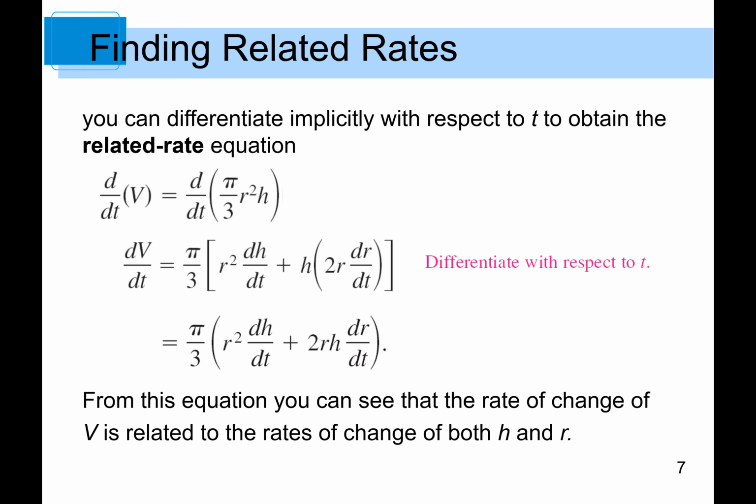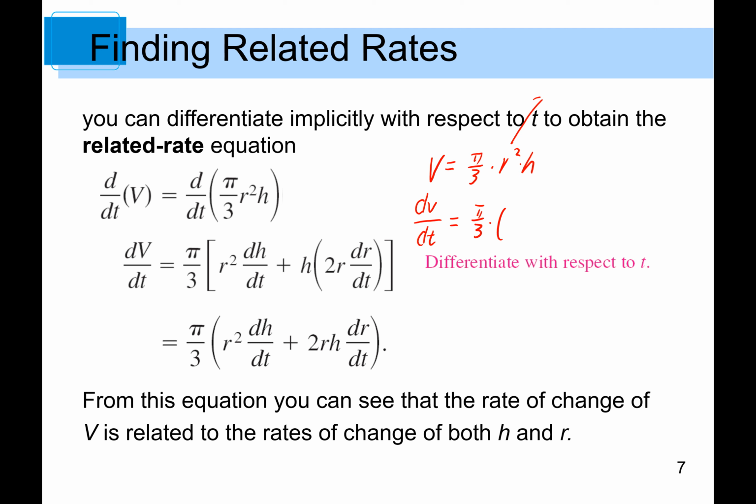And you can differentiate implicitly with respect to t to obtain the related rate equations. So basically what you do is write the equation V equals pi over 3 times r squared times h. Then we differentiate everything with respect to time t. So dV over dt. Here we have to use the product rule.